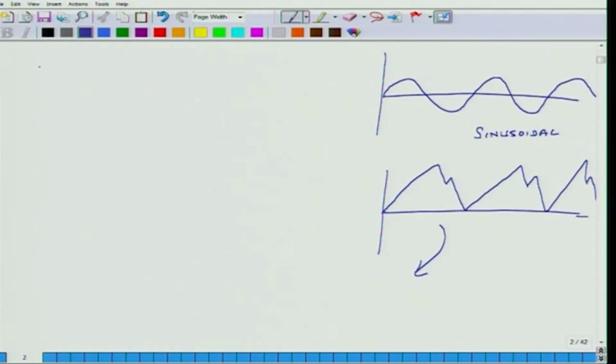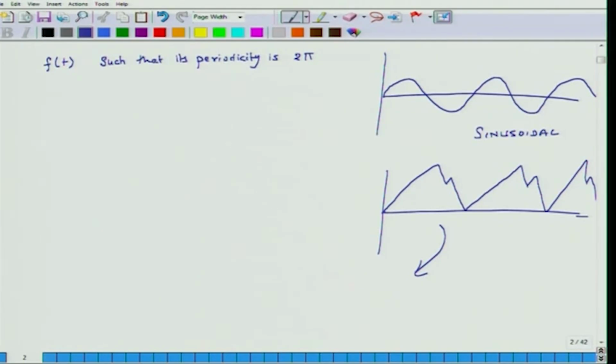Suppose there is a periodic function f of t whose periodicity is 2 pi, which means that it repeats itself after every 2 pi seconds or hours or minutes.